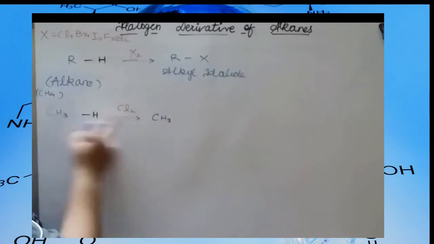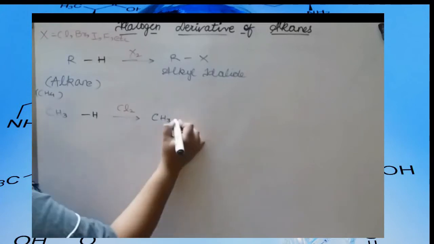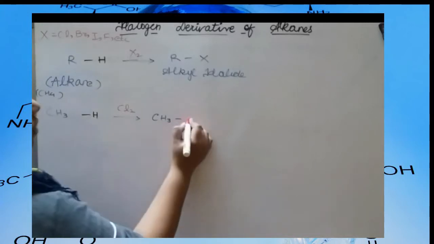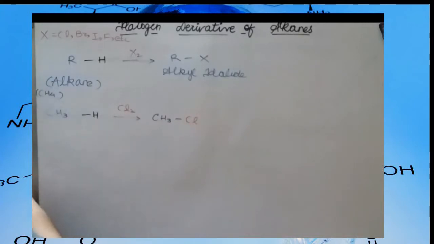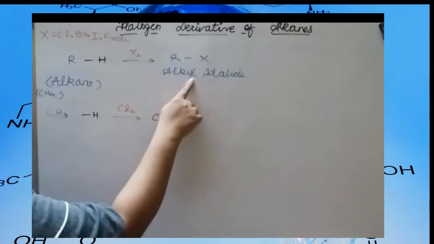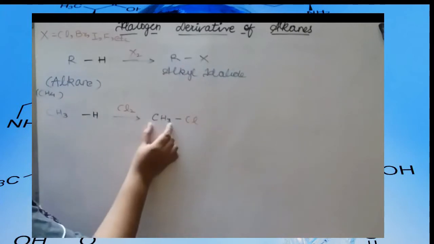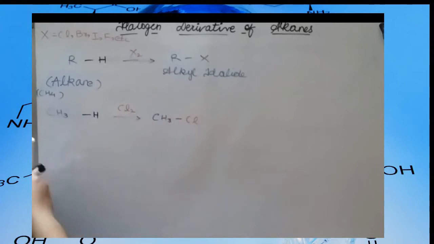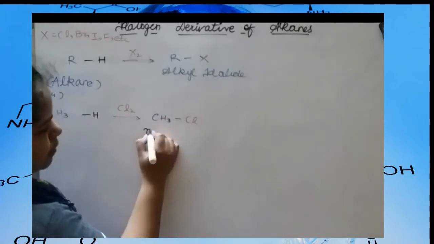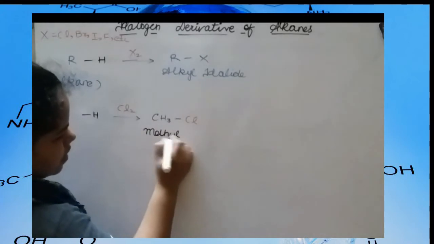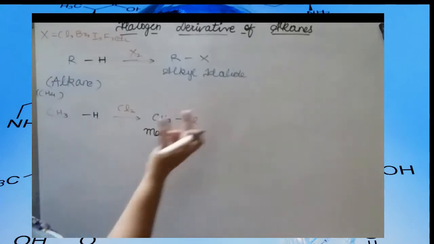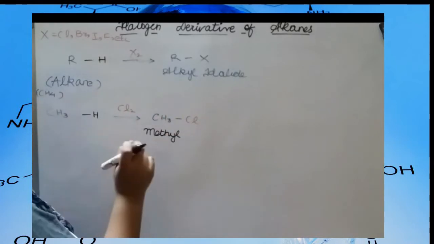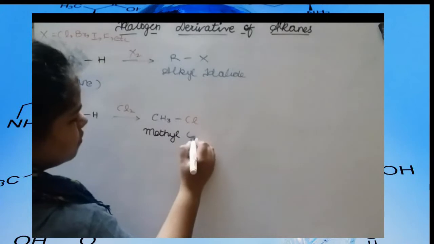R is CH3, so I will write it down here. Then this Cl will get attached to it and we will get alkyl halide. The alkane participating is methane, so it would become methyl, and we write the halogen group as halide. Here we are using chlorine, so chloride.